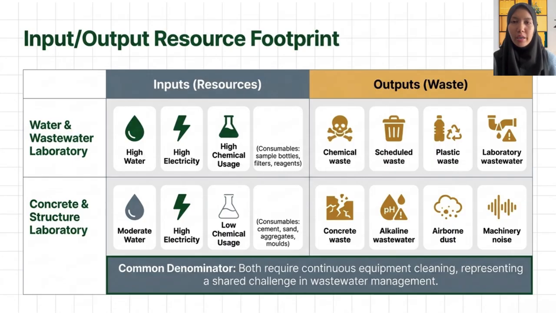For the Concrete and Structure Laboratory, electricity consumption is also high, while chemical use is comparatively low. The main waste streams include concrete waste, alkaline wastewater, airborne dust, and machinery noise. A common issue identified in both laboratories is the continued cleaning of equipment, which contributes to wastewater generation.